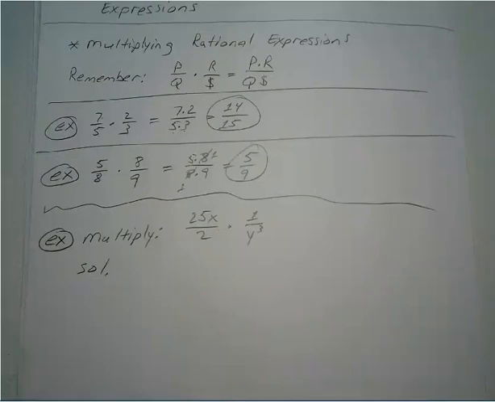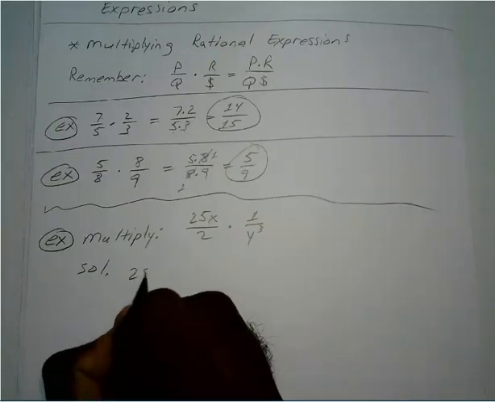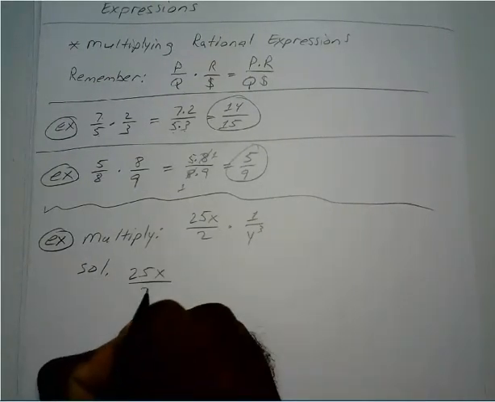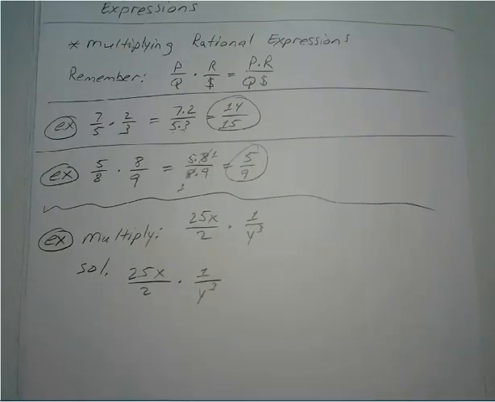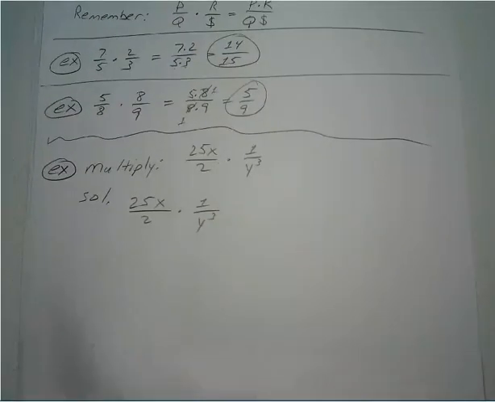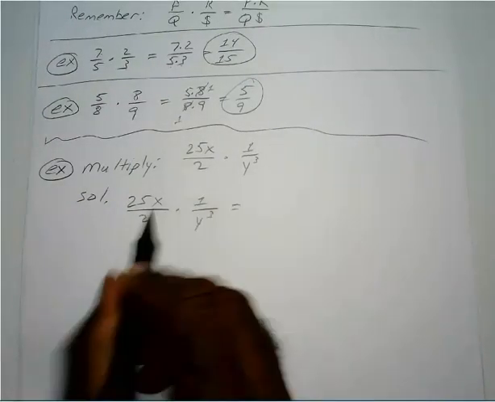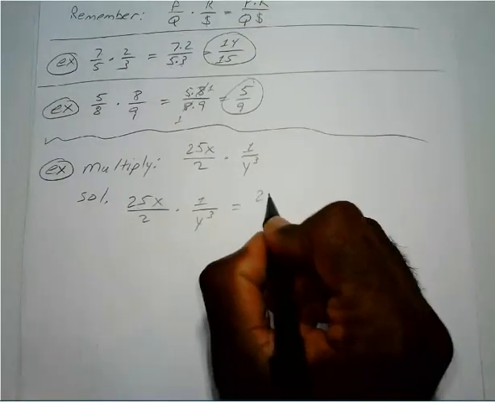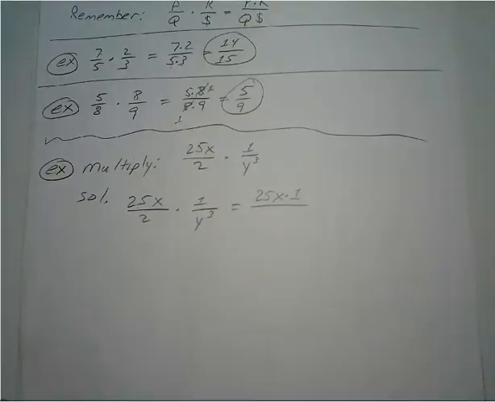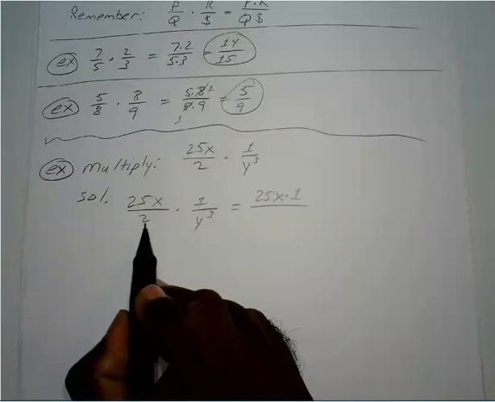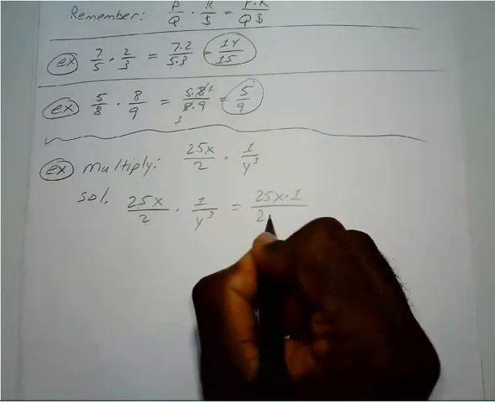Alright, so for this one, just going to go ahead and rewrite it. So 25x over 2 times 1 over y to the third power. That's just 25x times 1. Now you don't really have to put the 1 there because anything times 1 is just itself, but we'll put it there anyway. Over 2 times y to the third.